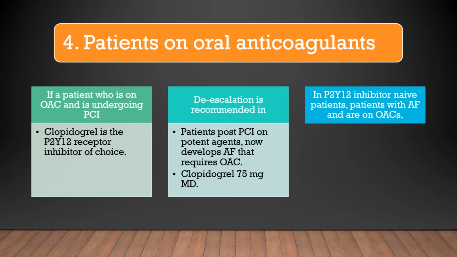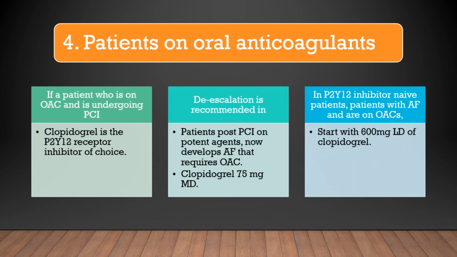In P2Y12 inhibitor naive patients with atrial fibrillation and on oral anticoagulants, start with a 600 mg loading dose of clopidogrel. So this is the difference between the two groups. In naive patients, give a loading dose, and on the other hand, if the patient had some sort of increased risk for bleeding or AF or things like that, just proceed with a maintenance dose.